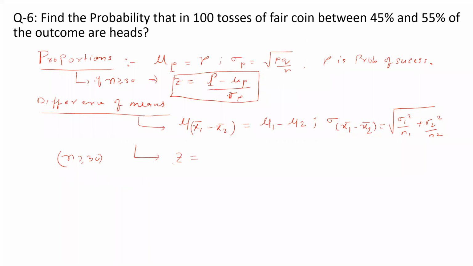In place of P, now you will get x1 bar minus x2 bar, that is the difference of mean, minus the mean of x1 bar minus x2 bar, and whole divided by the standard deviation of x1 bar minus x2 bar. This will be the standard normal variate used for differences of mean.